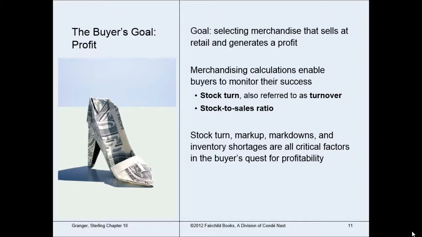So your stock to sales ratio would be 4. This lets you know if your stock turn goal is within reach. We said our stock turnover goal was 4 and our stock to sales ratio is 4, so that means we're on track to reach our goal. Stock turn, markup, markdowns, and inventory shortages are all critical factors in the buyer's quest for profitability.